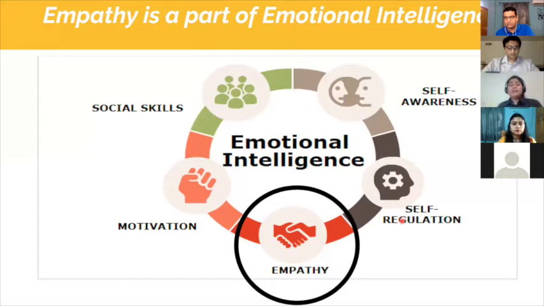Here I'm not going to go into the detail of emotional intelligence because it is a huge topic. I'm just showing you the 5 components of emotional intelligence, and the one I am choosing for today is empathy. So what is empathy? It is a component of emotional intelligence skills.